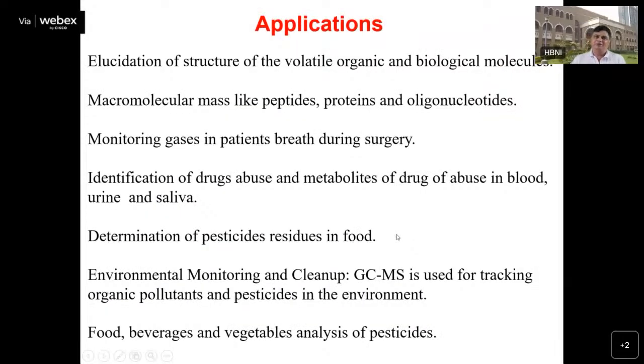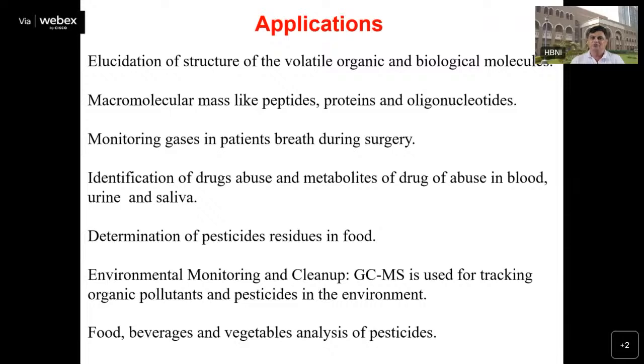Again, the applications are vast. It is used for elucidating the structure of volatile organic and biological molecules, macromolecules such as peptides, proteins, and oligonucleotides, monitoring gases in patient breath during surgery, identifying drugs of abuse and their metabolites in blood, urine, and saliva, determining pesticide residues in food, and environmental monitoring and cleanup.